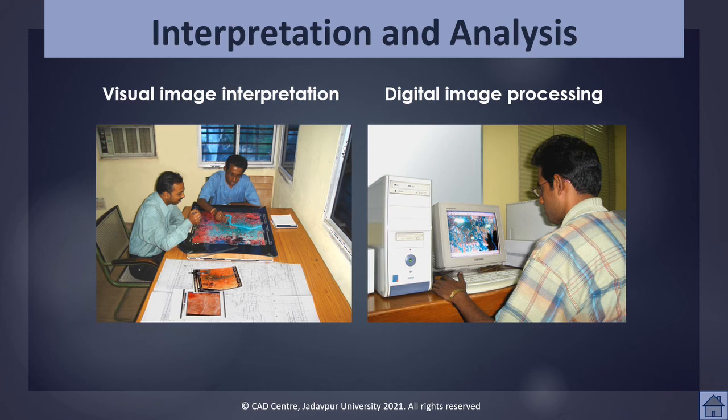A computer can analyze each of the data in an image using various digital image processing techniques. Now, information derived from remotely sensed data is usually summarized as an enhanced image map or orthophoto map or thematic map or spatial database file or statistical output or graphs, etc.